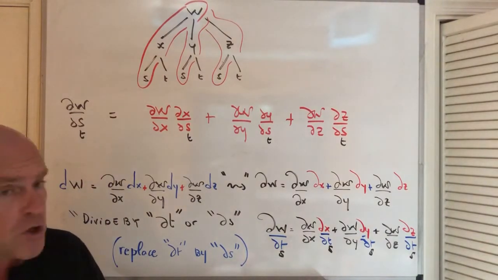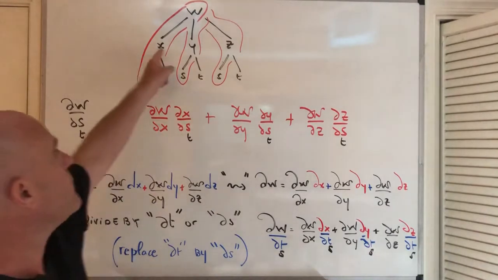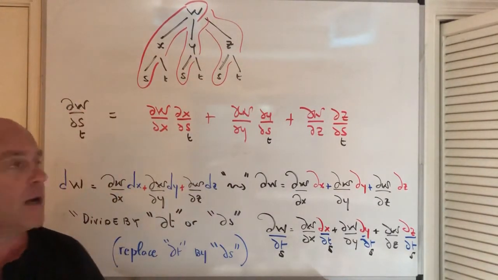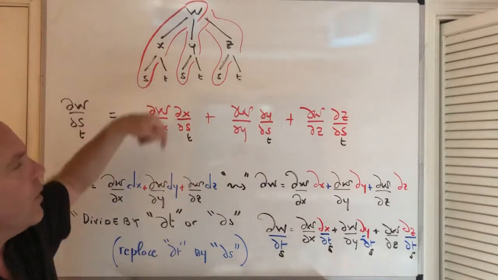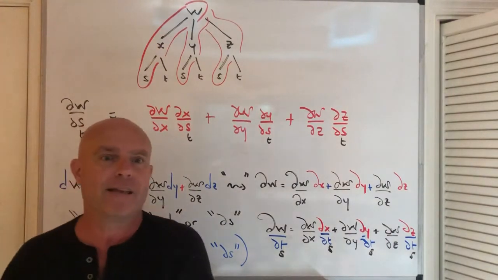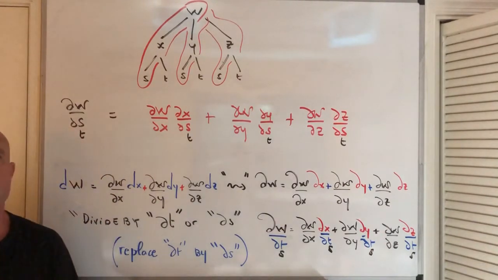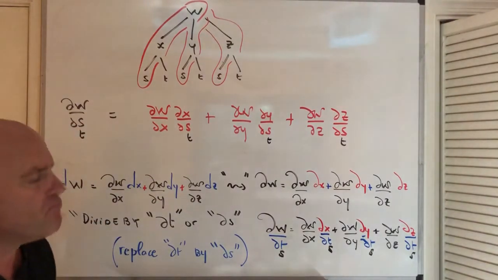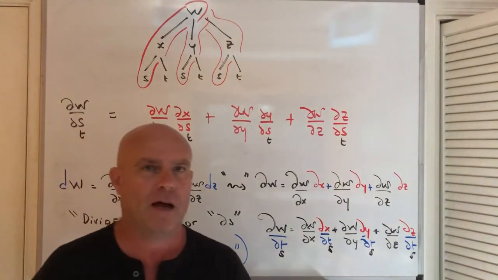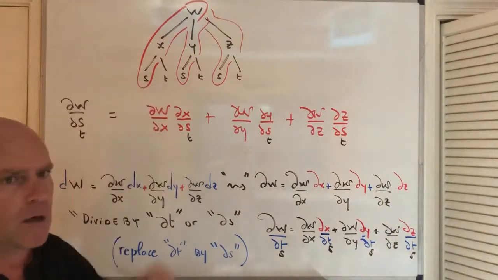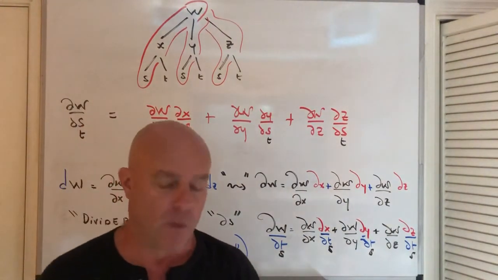They give a more general formula where you have n variables x1, x2, x3, up to xn, and m variables upon which each xi depends, so s1, s2 up to sm. This is pretty much the same formula. I don't think you will use a formula more complicated than this one in Calculus 3.